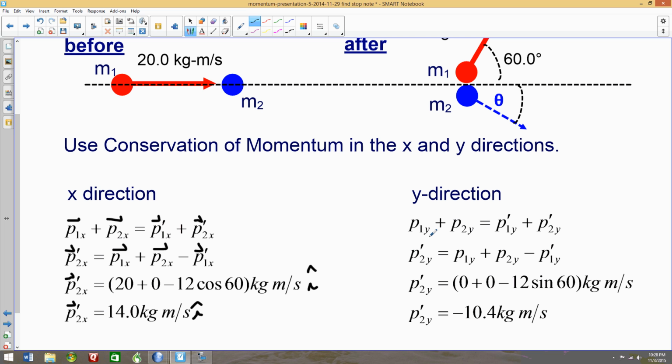Okay, so now let's go ahead and look at the y direction. We take p1y plus p2y, and that has to equal p1y prime plus p2y prime.